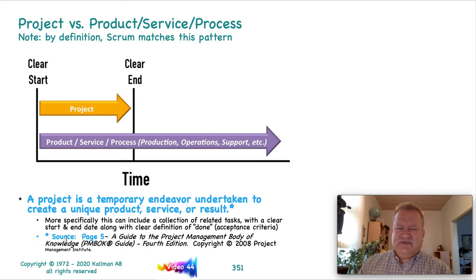That was from page 5, back in 2008, of the Project Management Body of Knowledge. I know the Agilists just talk about product, but I really like the idea of including product, service, and result in this.